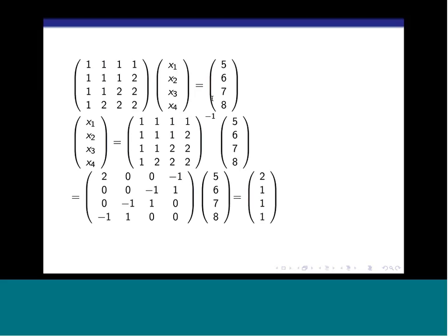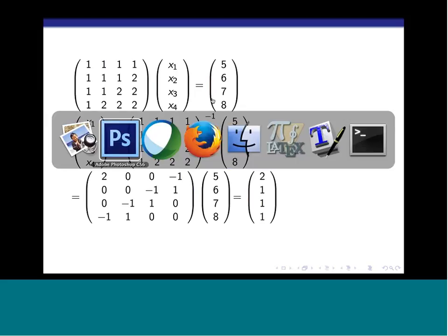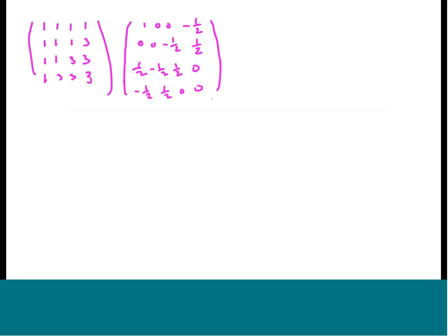Anyway, this example is not that hard. Also, one thing I just want to remind you about the inverse. There is a formula to calculate it. I think it's called Cramer's formula, it's been so long.